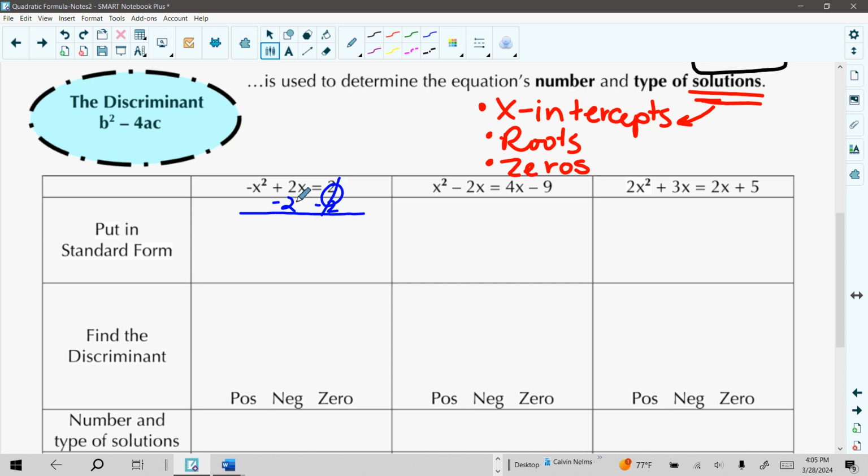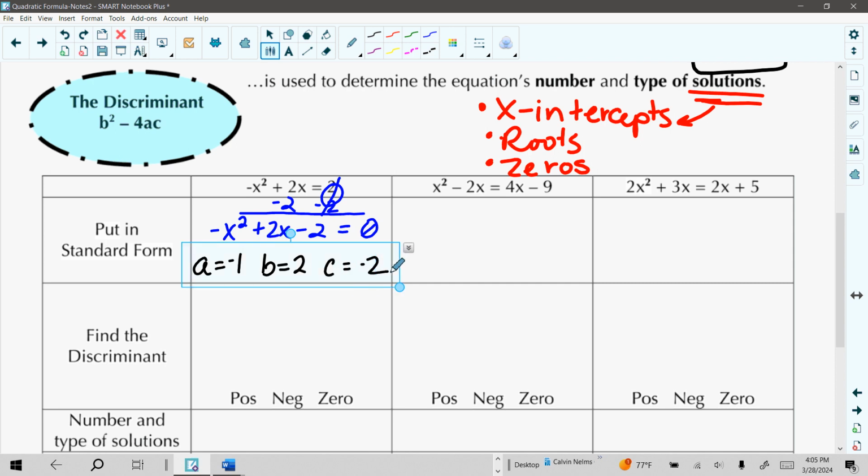Then I'm just rewriting the left: -x squared plus 2x minus 2 equals 0. Then from there, I need to identify the a, b, and c. So a here is -1, b is 2, and c is -2.